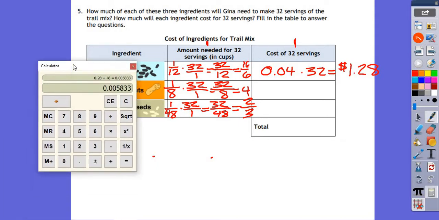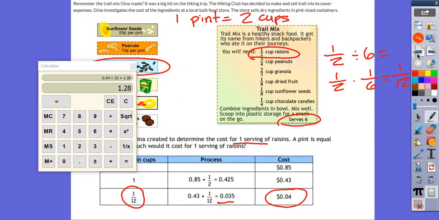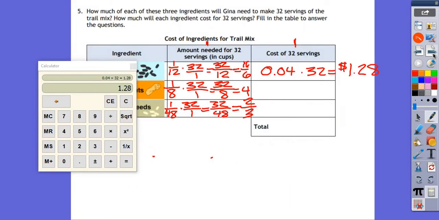I used the calculator: 0.04 times 32 equals $1.28, because I looked back at my problem 1, and it told me 4 cents was one serving size.